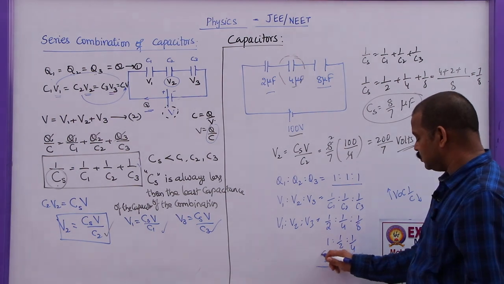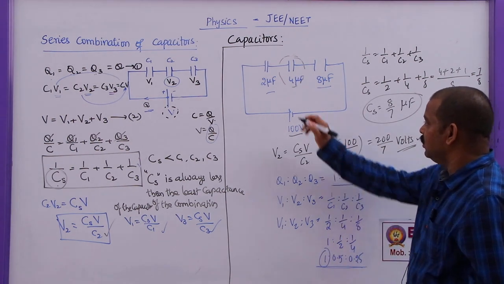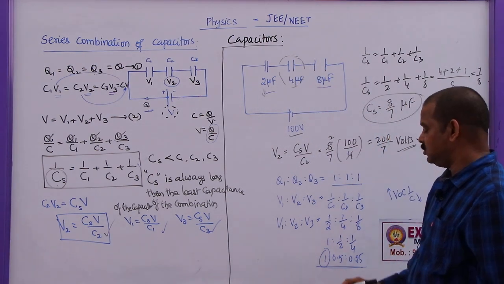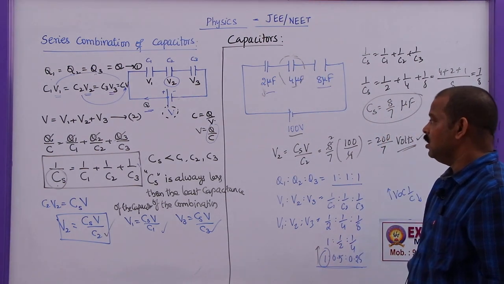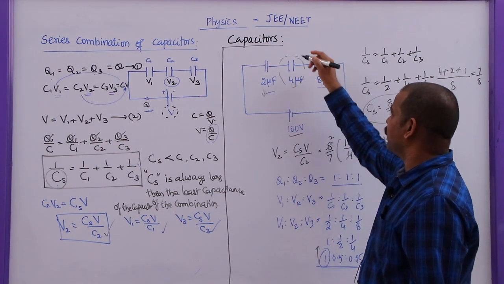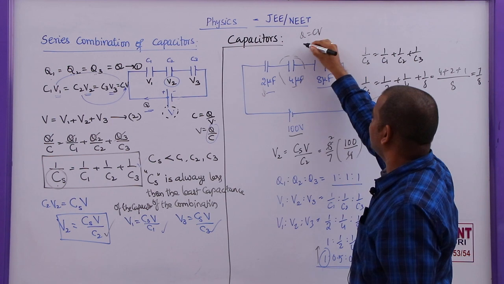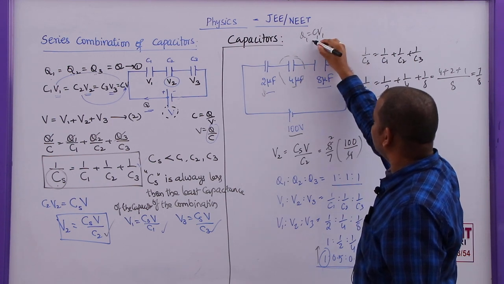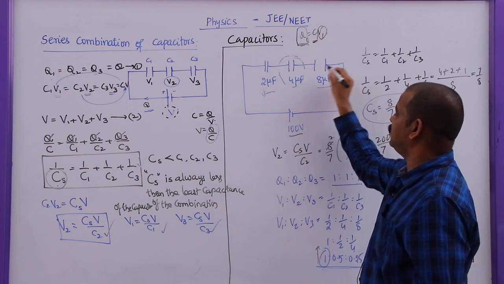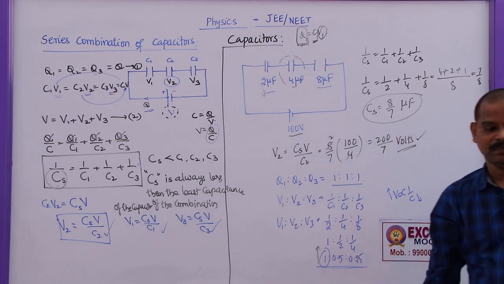Here the potential drop is more in the first capacitor. Out of these three, it has the least capacitance, but the potential drop will be more in that first capacitor, so that the charge remains the same in the 3, because Q is equal to CV. So, Q1 is equal to C1 V1. When the capacitance is less, potential will be more, so that the Q remains the same in all these three capacitors.